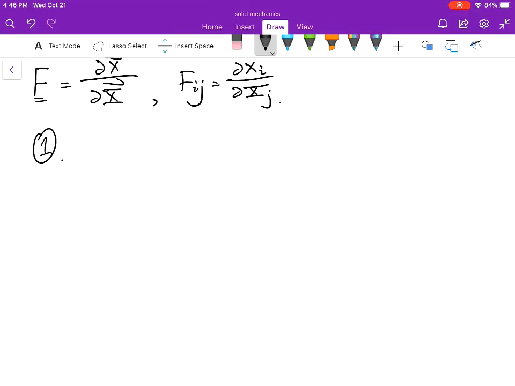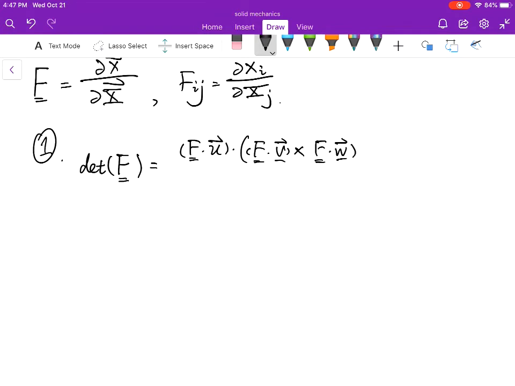For example, if we have a second order tensor F, the determinant of it is mathematically defined as the triple product, that is, the cross product and dot product, between u, v, w.